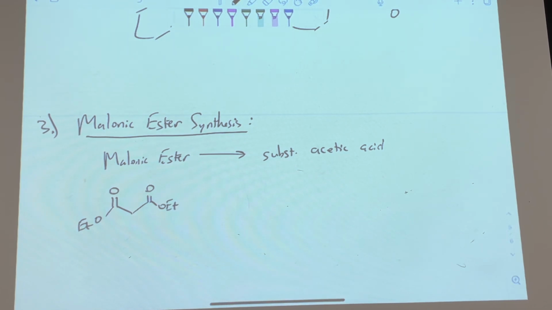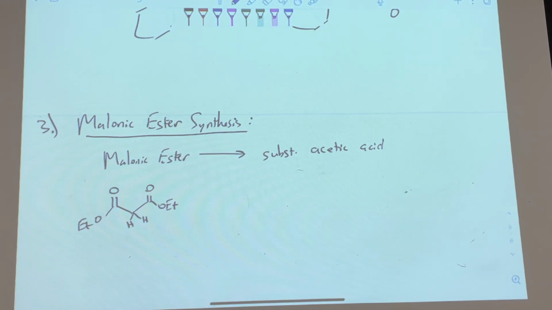You'll notice it is one of these beta dicarbonyl compounds, just like the beta ketoester, product of the Claisen. And as a result, because it's got the alpha position flanked on both sides by carbonyls, those alpha protons are quite acidic.